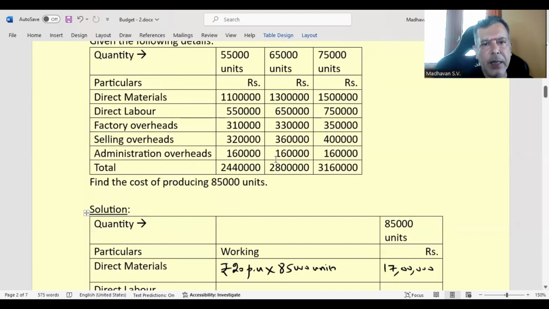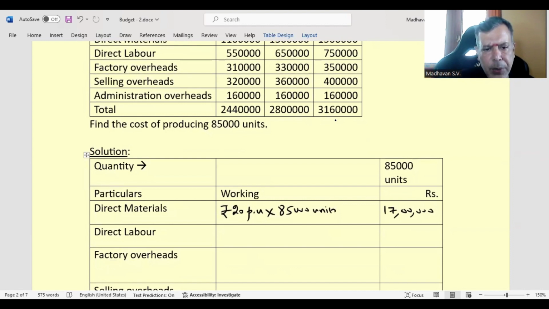Similarly, if you look into direct labor, here for 55,000 it is 5 lakh 50,000. For 65,000, it is 6 lakh 50,000, which means straight away if multiplied by 10, we get this. So this is 10 rupees per unit.